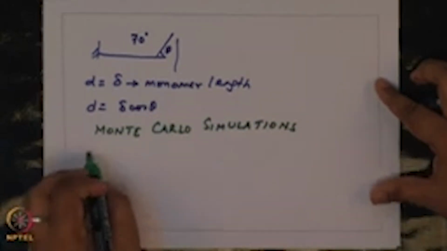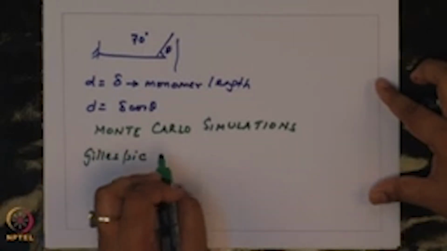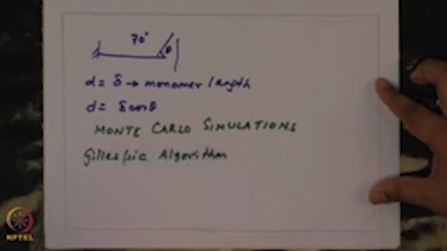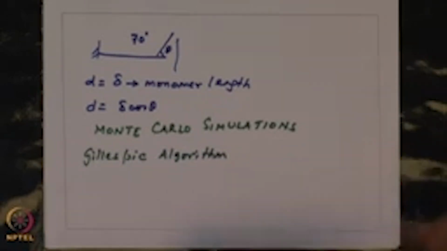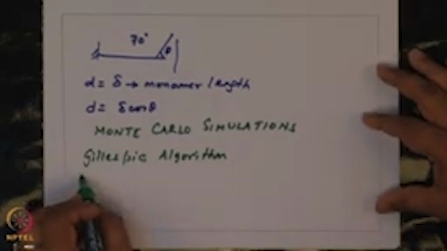Okay. And specifically, we use an algorithm called the Gillespie algorithm. So, in Gillespie's algorithm, what you do is, you have the total number of events. Let us say, what are the events?